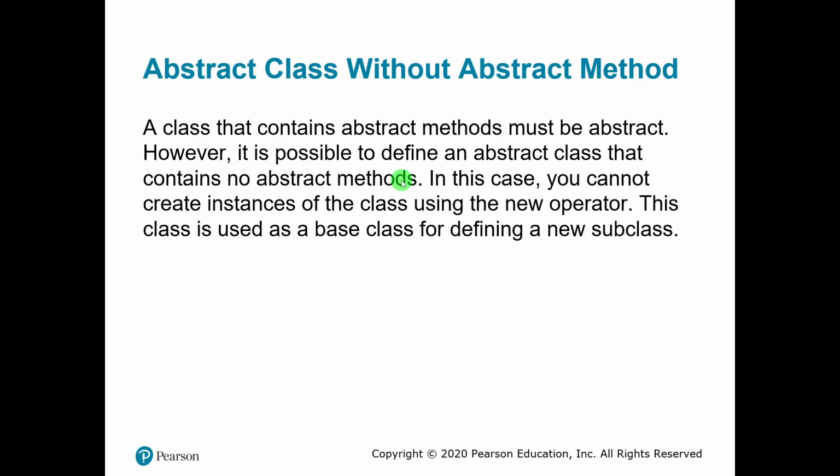And that basically just says, hey, you can't create an object from this class, but I'm not requiring that you have anything else if you inherit from this class. Okay, so we can't create an instance of the class using the new operator. It is just a base class for defining a new subclass. If you want to, you can add the abstract methods to enforce methods, but you do not have to do that.